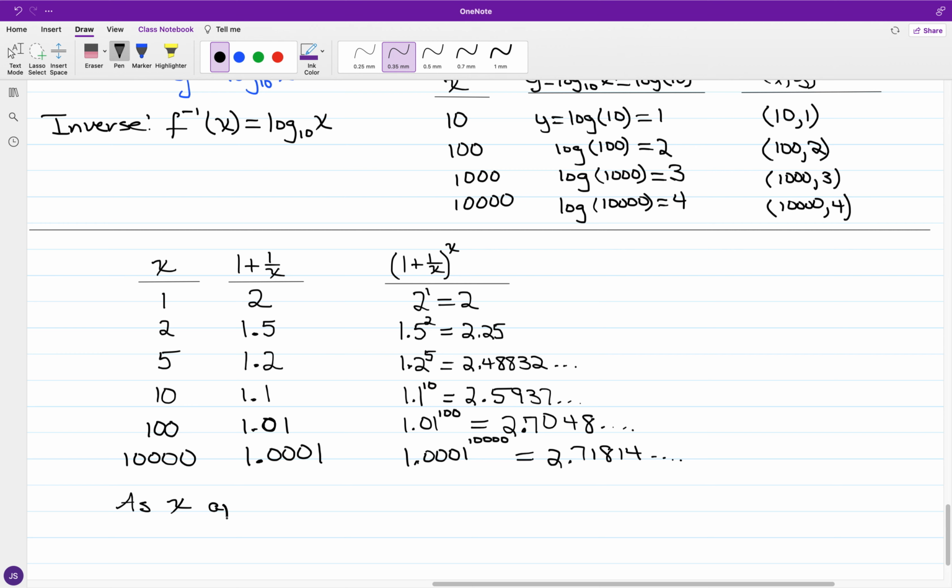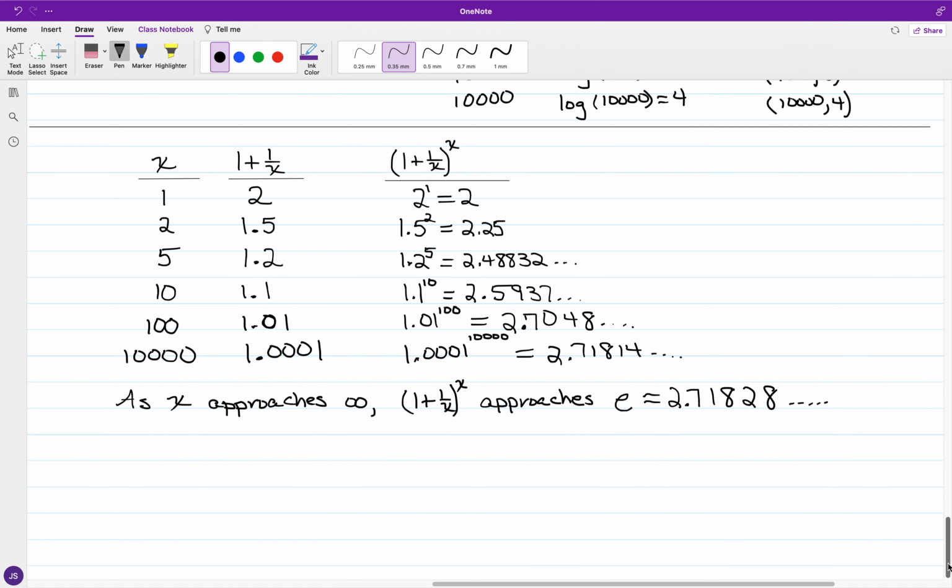And going to this particular number, what's going to happen here is that as x approaches infinity, your statement 1 plus 1 over x raised to the x is going to be approaching a particular letter of significance, the letter e, and this value is like 2.71828 and some more decimal places.